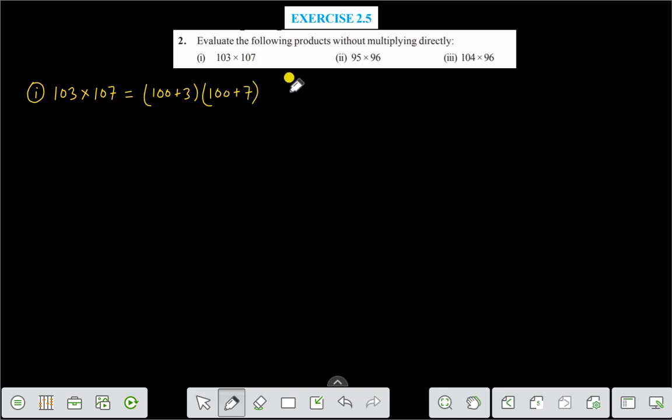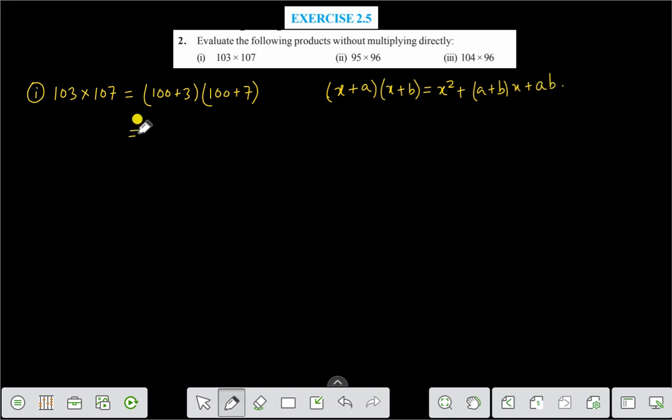We can use this identity that (x plus a) into (x plus b) is equal to x square plus (a plus b)x plus ab. Use this identity here.